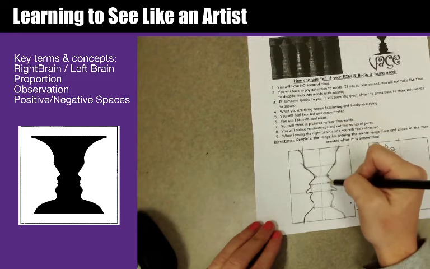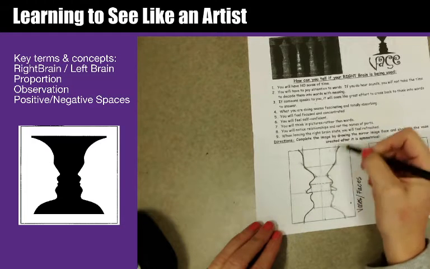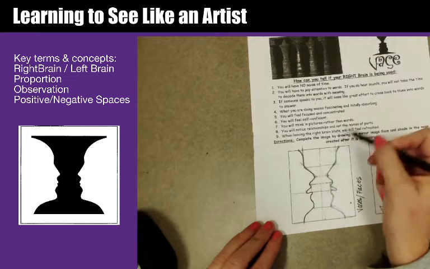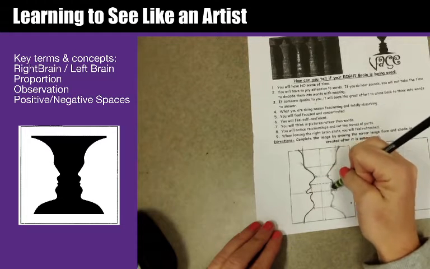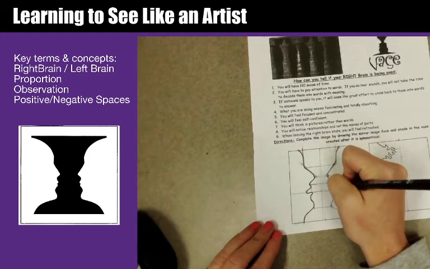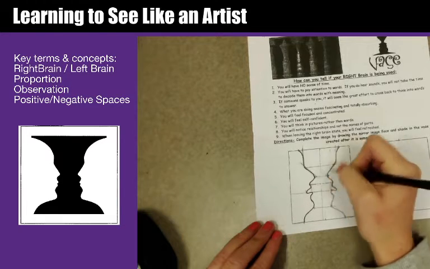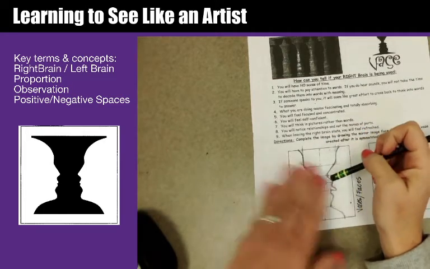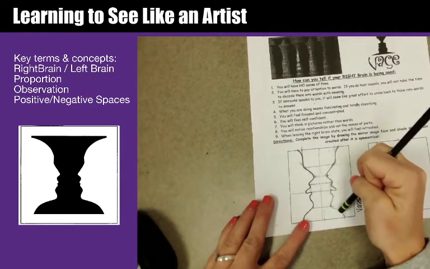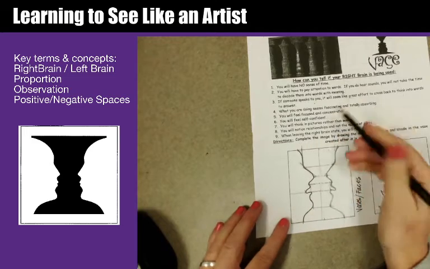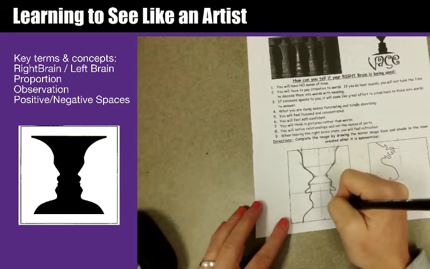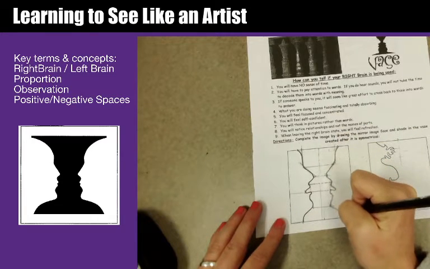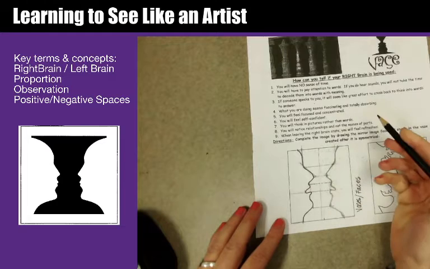Here's a vertical line. I'm going to compare. It looks like this curve doesn't come out as far as that curve. So I'm going to go back and change that. As an artist, I'm open to the idea that I might have to make changes. I'm going to keep at it until it's right. And it's right when I'm getting a mirror image of the one onto the other side.